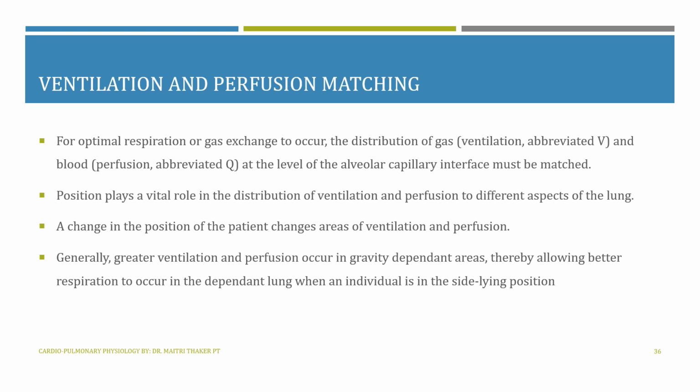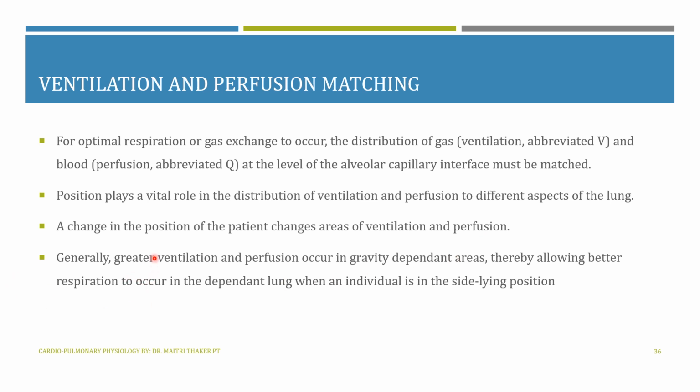So the positions play a very vital role in distribution of ventilation as well as perfusion. Different body positions have a very large influence on how ventilation and perfusion occur in a particular lung area. A change in the position of the patient changes the area of ventilation and perfusion.